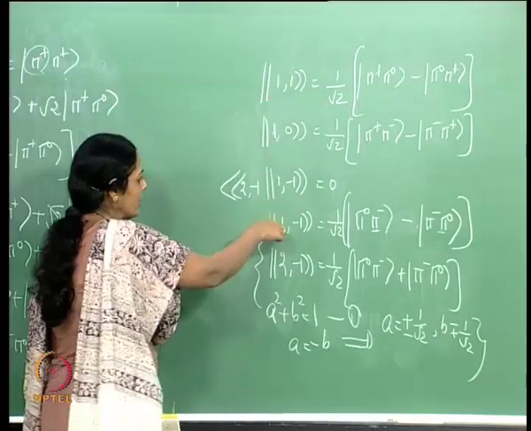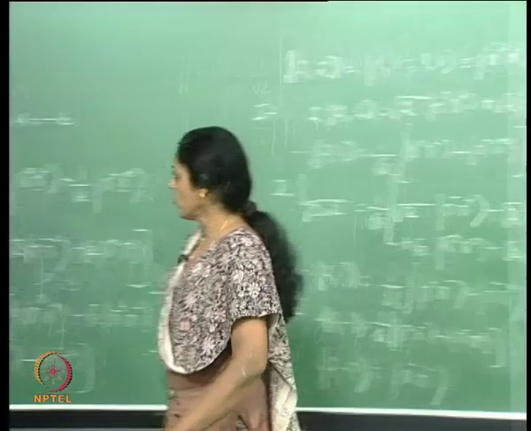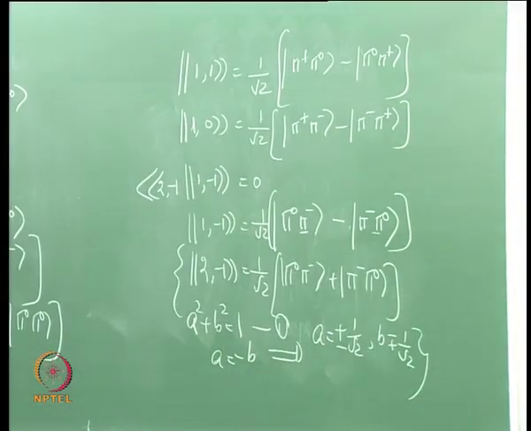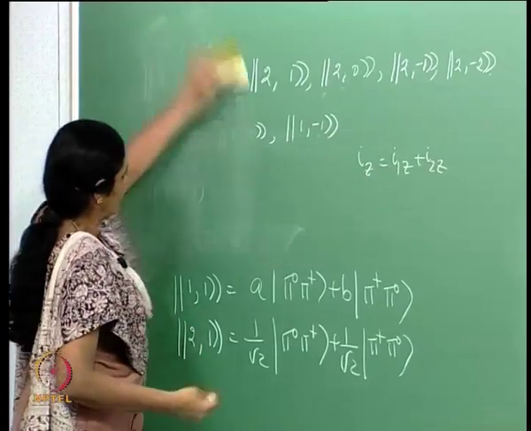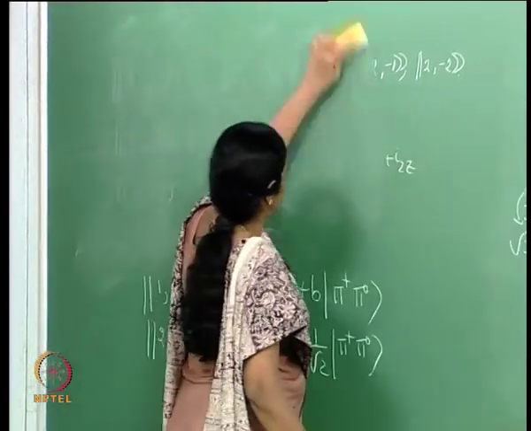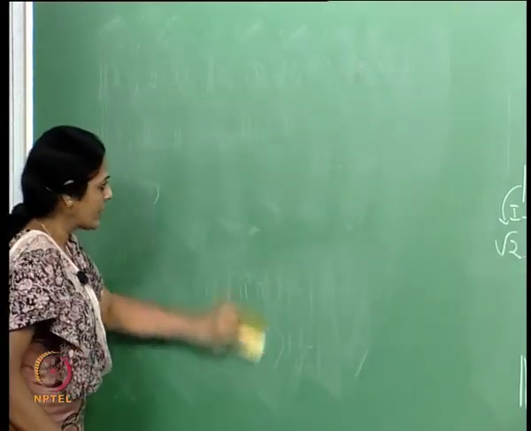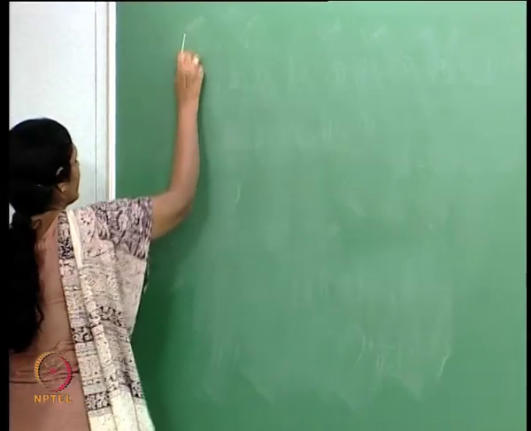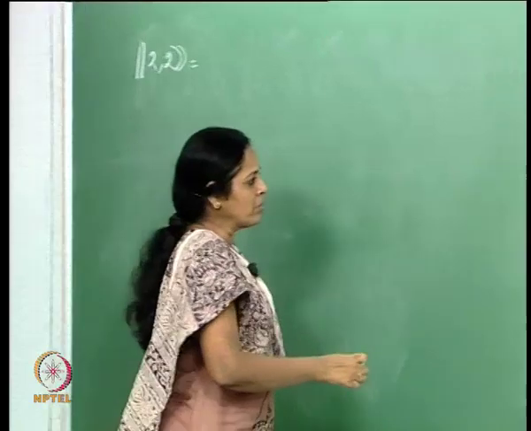So, we have the 3 I equals 1 states. Let me just put down all the states in one place. We are only left with 0, 0, which we will find shortly. The I equals 2 states are totally symmetric states, that is symmetric under interchange of the iz labels.